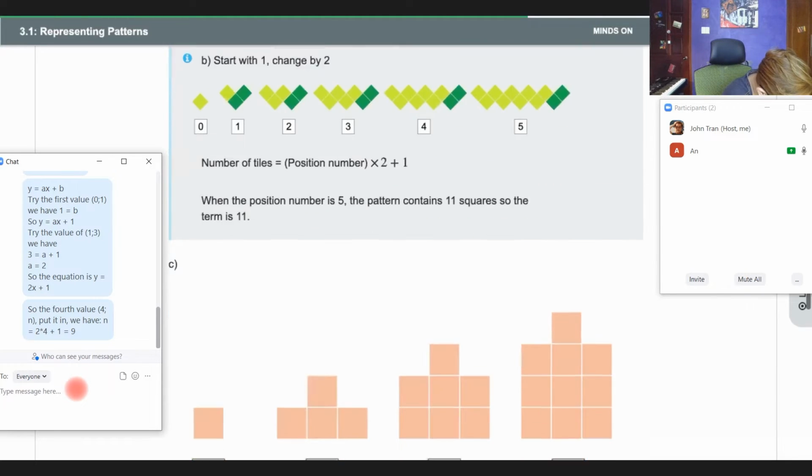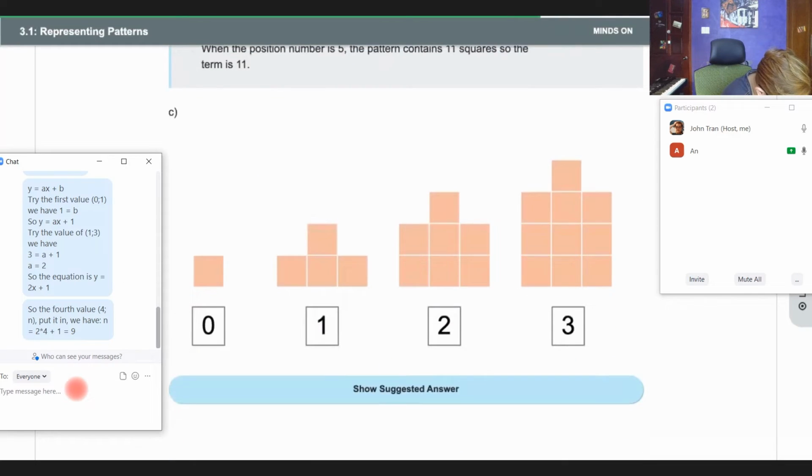Yeah, so that's it. So for C, we start at 0, and it had 1 in it. So I think it begins like this: position number times 3 plus 1. So 3 multiplied by 1 is 3, and then just add 1 is 4. And then 2 multiplied by 3 is 6, and then you add 1.